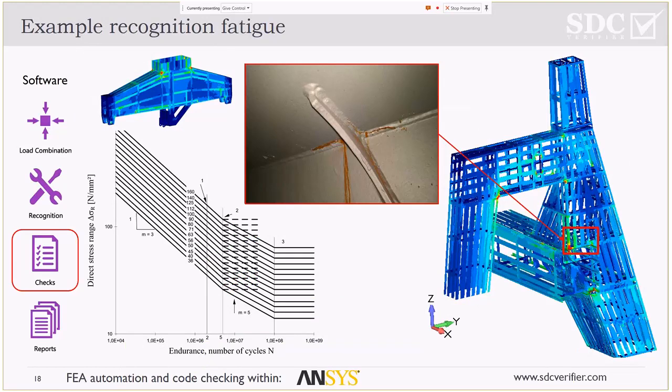So another example of fatigue, you have the different FAT classes. The previous picture, and also this picture over here shows that basically the highest utilization factors of fatigue are almost always in welds or in stress concentration details.